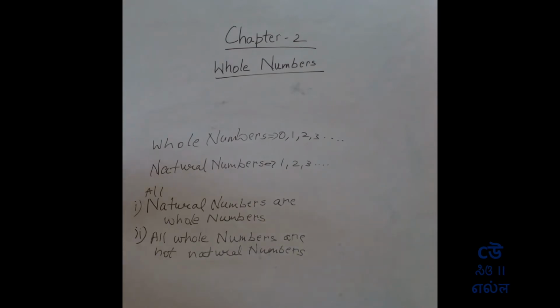So here also, for whole numbers it ends up to infinity, which means we can't count them. For natural numbers also it ends up to infinity. So next question, if they ask which is the greatest whole number, we have to tell that whole numbers start from 0 to infinity.